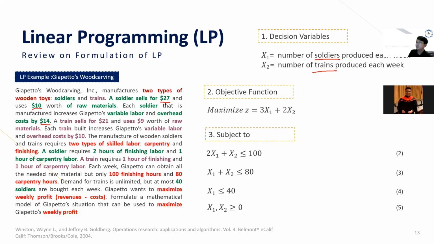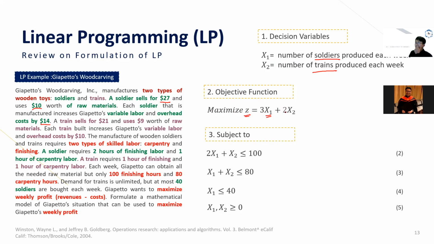So you end up with 27 minus 10 minus 14, which is $3 for each soldier made. So the objective function will be to maximize the profit, where for each soldier produced you get $3.